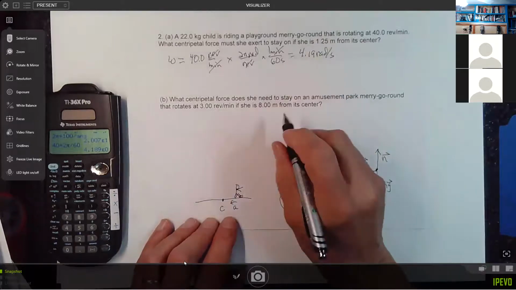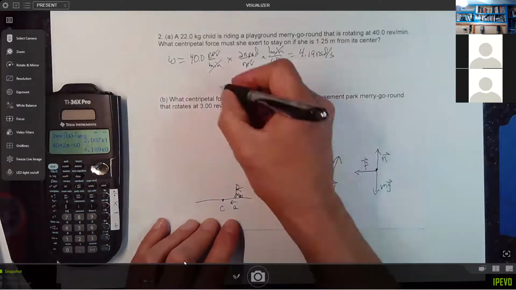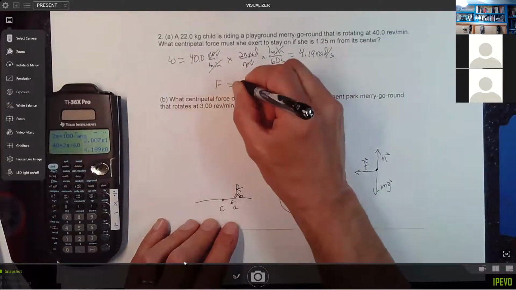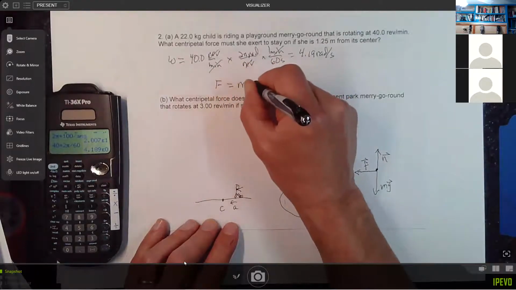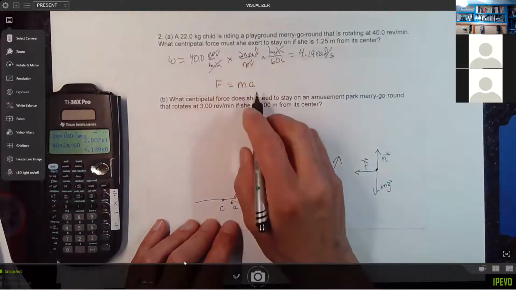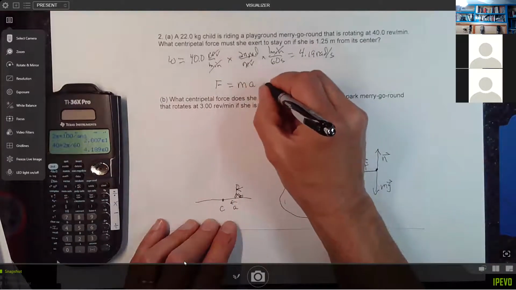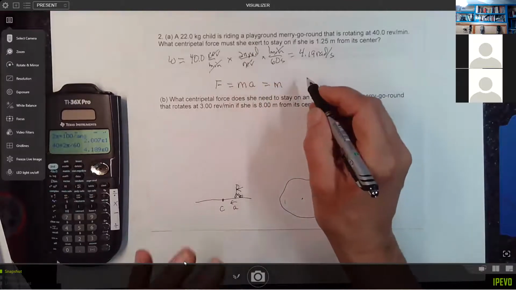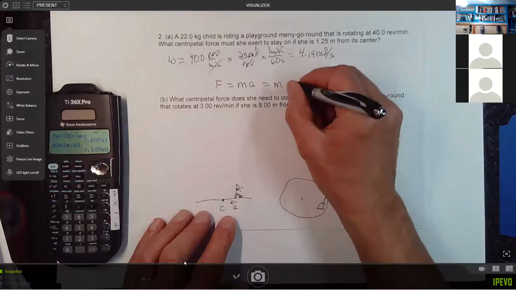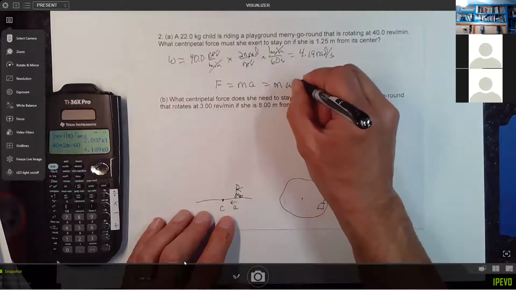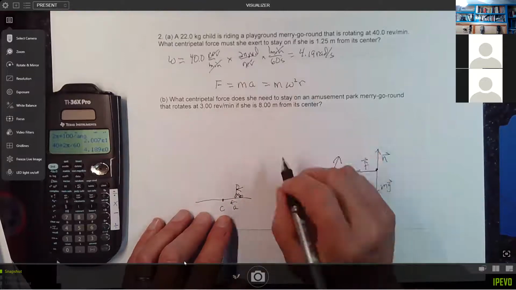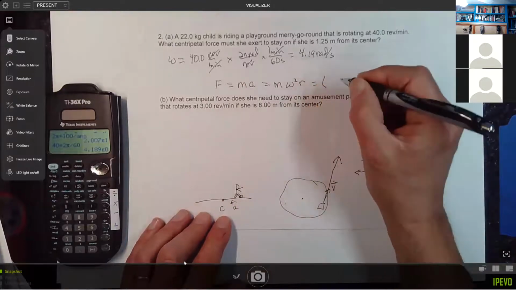And the centripetal force she needs has to be her mass times the acceleration she's experiencing. The acceleration in this case is v squared over r or omega squared r. So we've got it handled with that version of the formula. Then we just plug in the numbers.